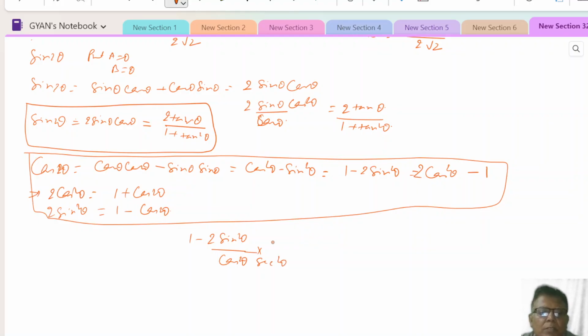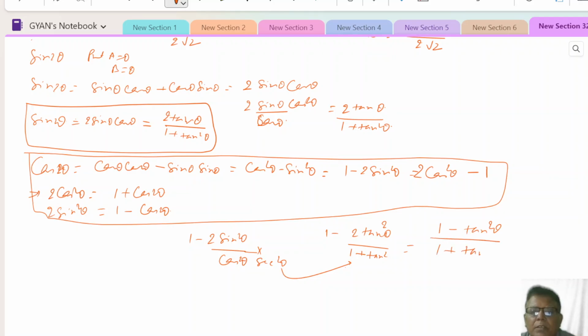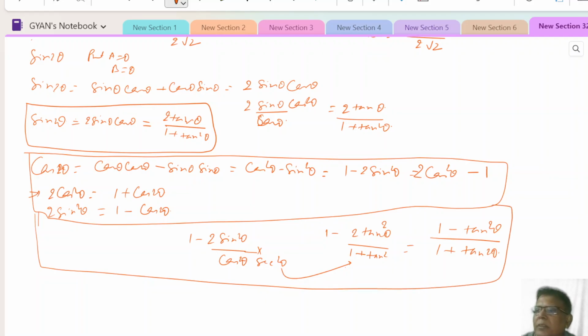So that will be 1 minus 2 tan square theta divided by 1 plus tan square theta. Sec square theta will convert to 1 plus tan square theta. So this will go up, then it will be 1 minus tan square theta divided by 1 plus tan square theta. So this formula is very important, so that you also remember.